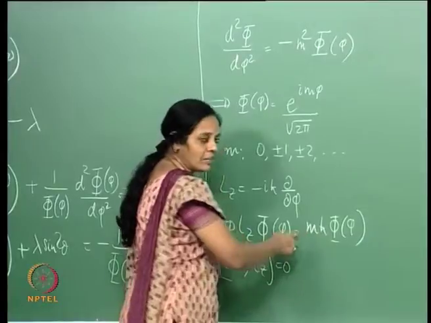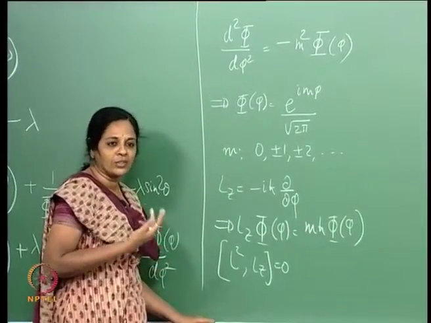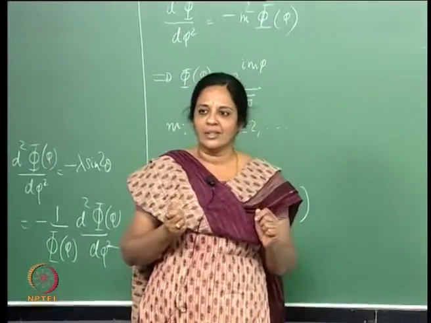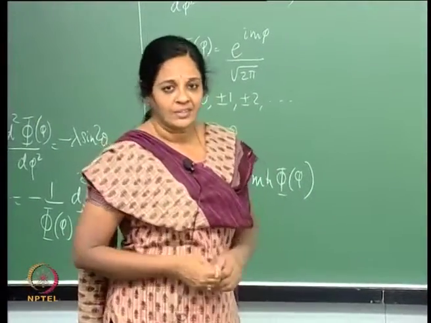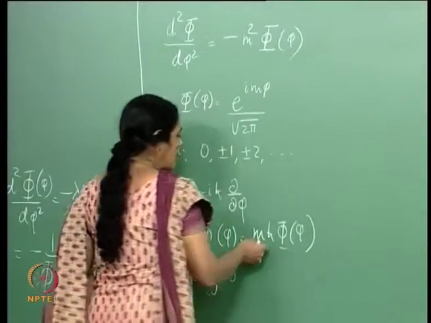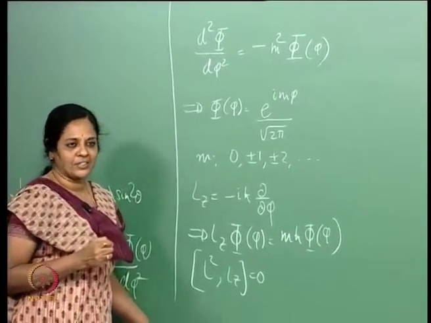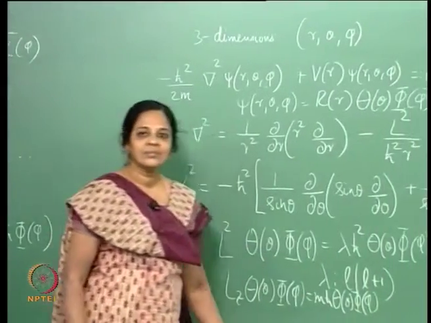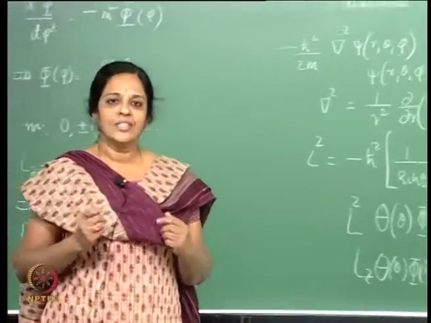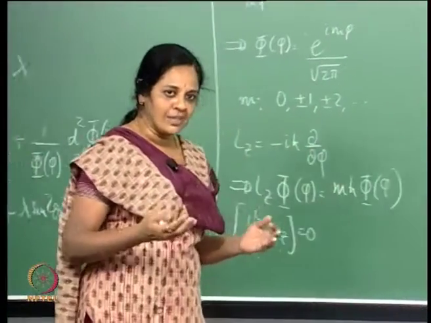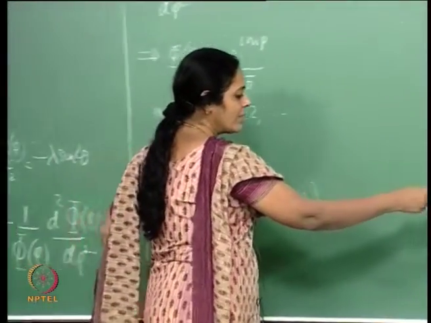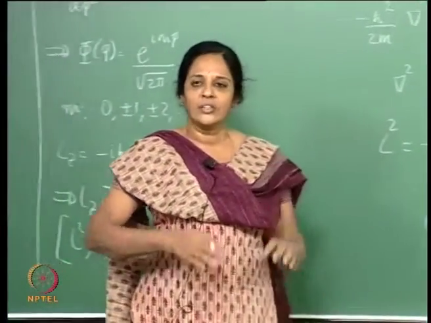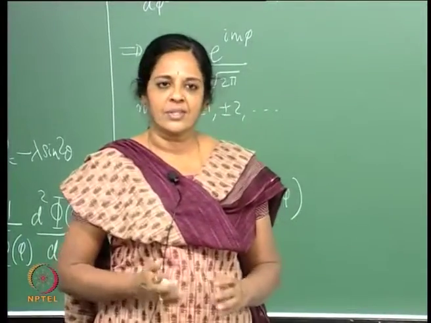Since m takes values from the angular momentum algebra, I already know that m takes 2L plus 1 values for a given L, ranging from minus L to plus L. And therefore, if m is allowed only integer values, this L here should clearly take only integer values, and like any respectable L, it has to take values 0, 1, 2, 3, 4 and so on, all positive integers and 0.